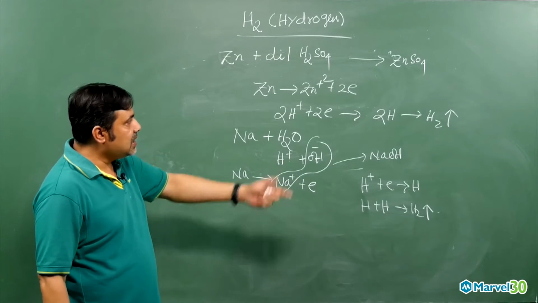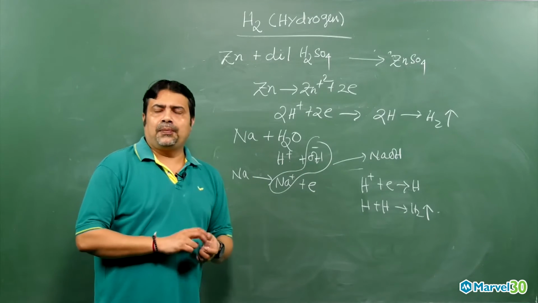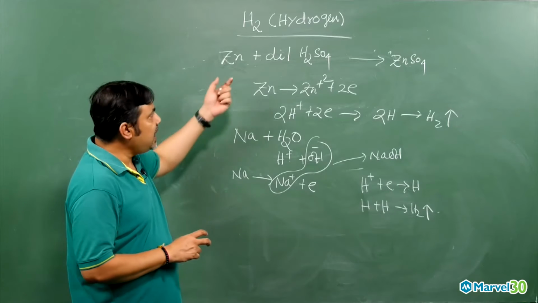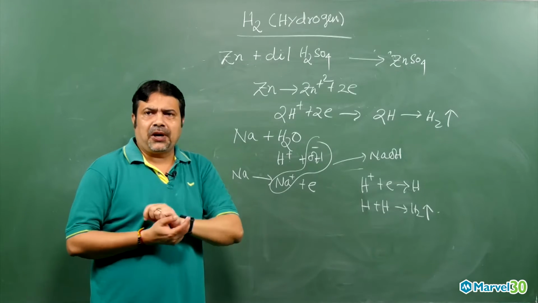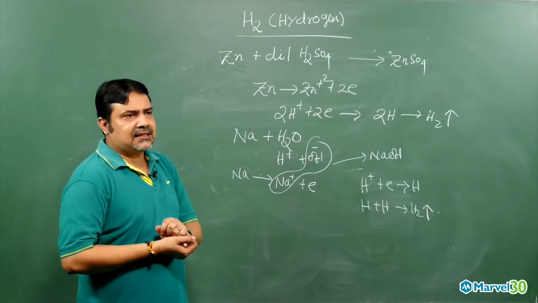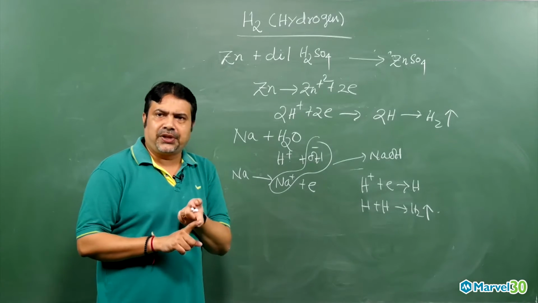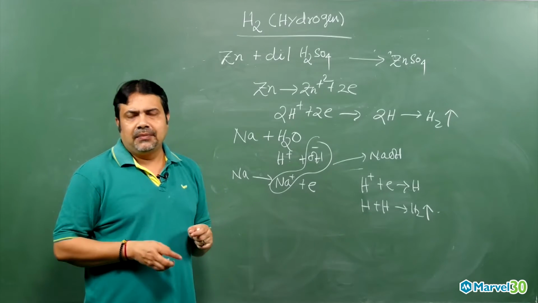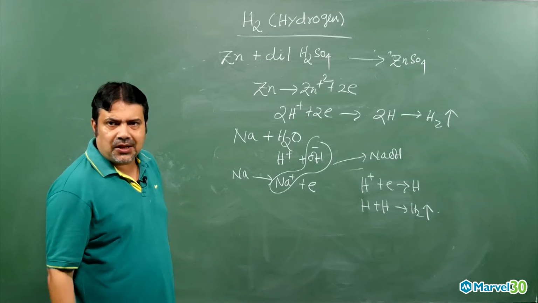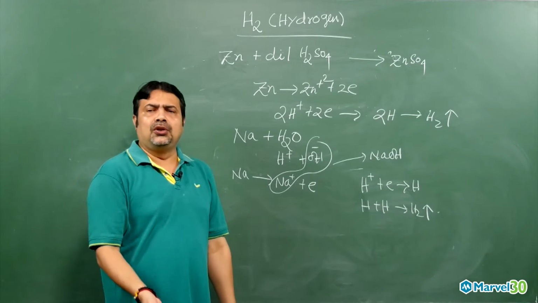You have to understand the logic. For the preparation of hydrogen, if you take a highly electropositive metal, then the reaction will give faster hydrogen generation. But if you take a less electropositive metal, you have to apply heat. Why? Because less electropositive metals will not lose the electron easily.